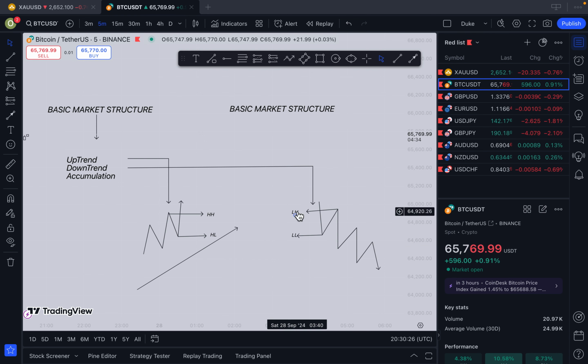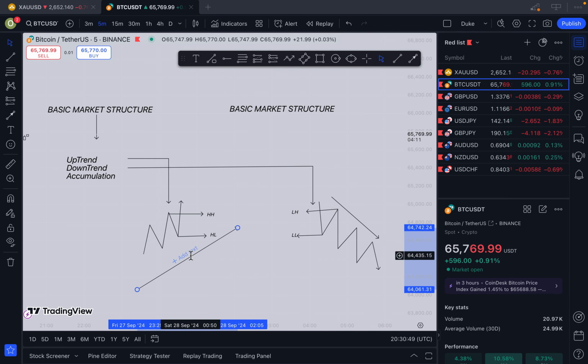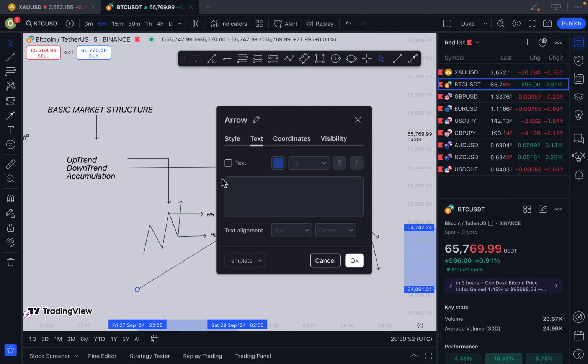So this is our uptrend. Then this is our downtrend. We also call the downtrend a bearish move, a bearish movement.